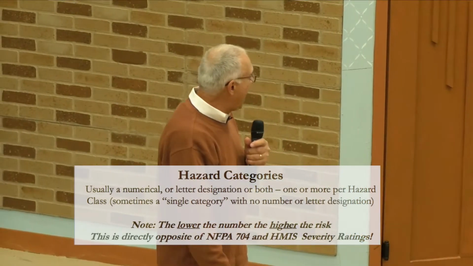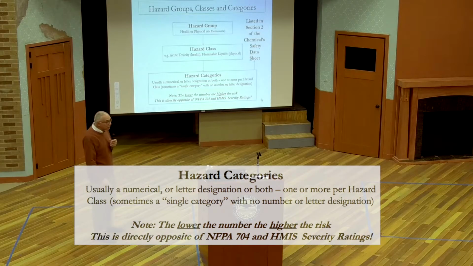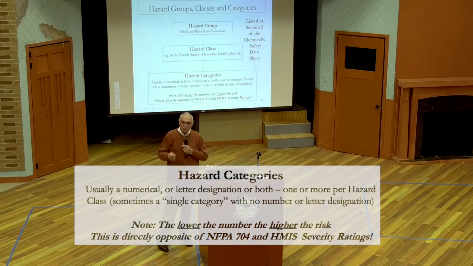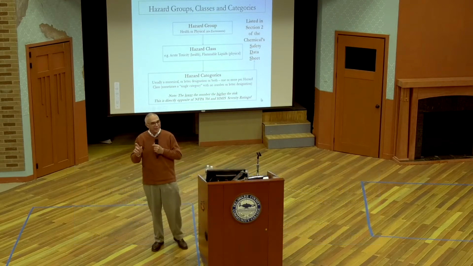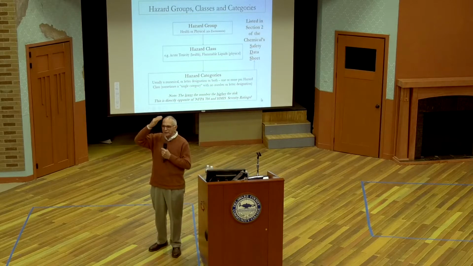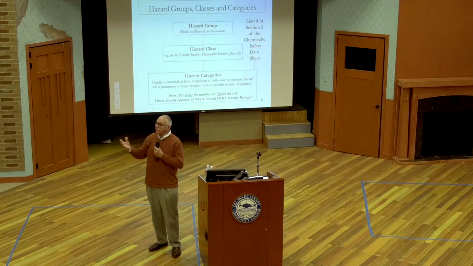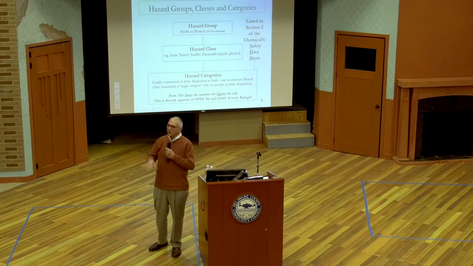Then, under each of those hazard classes, there are hazard categories. They are usually a numerical or letter designation, or both, and you'll see how that works. Again, the whole logic behind this is in the Purple Book, but we're not going to talk about it. If you have a personal interest, you can look up how that's all done.